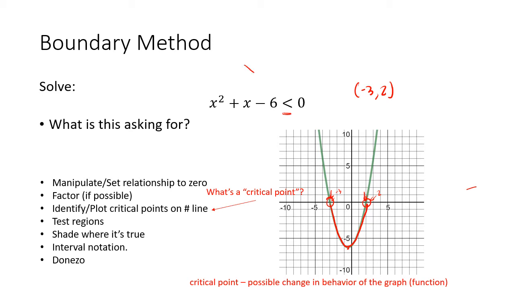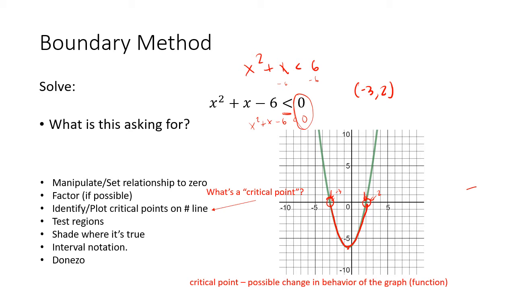So for example, if I had given you x squared plus x is less than 6, our manipulation step would be to subtract 6 from both sides and get x squared plus x minus 6 is less than 0. This is not necessarily a requirement for the boundary method, but it helps greatly because it's very easy later on to deal with 0 over here as opposed to a different number. So just for this class, we're setting it to 0.